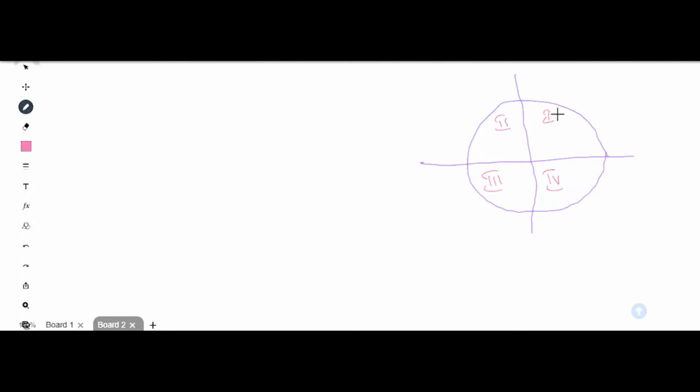In the first quadrant, everything is positive, so I will write it as All. Whereas in the second quadrant, only the sine function is positive. In the third quadrant, tan is positive. And in the fourth quadrant, cosine is positive.